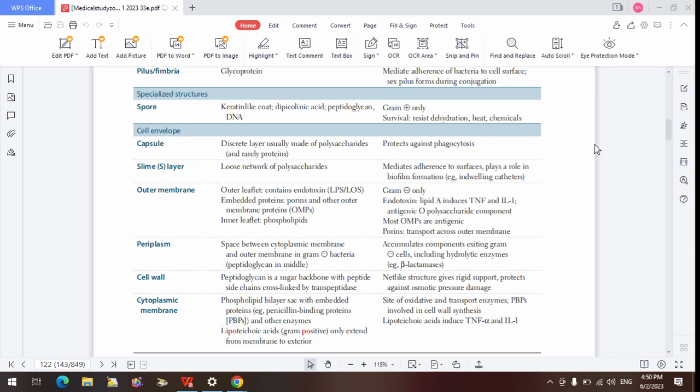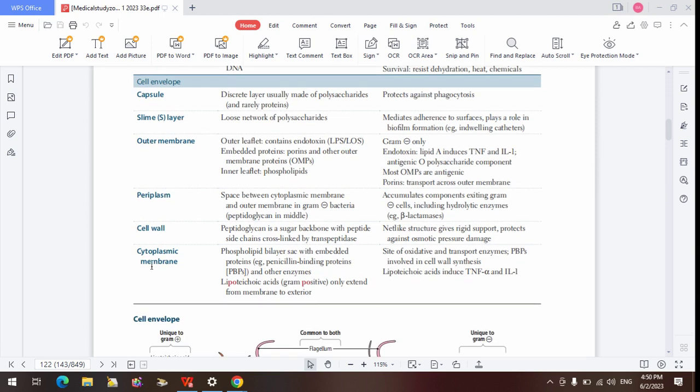The most important thing is you remembering the component of each of them, particularly the cell wall and the outer membrane, and what they do. Nobody will ask you what the capsule contains, like polysaccharide. That's not useful information. But the cytoplasmic membrane contains penicillin binding protein, which can be inhibited by some drugs, and that penicillin binding protein exerts enzymatic activity like transpeptidase.